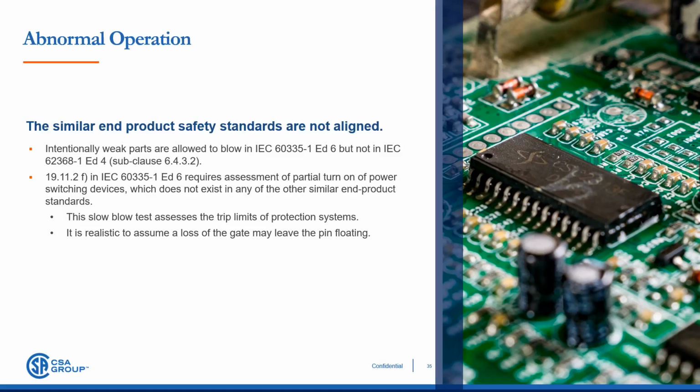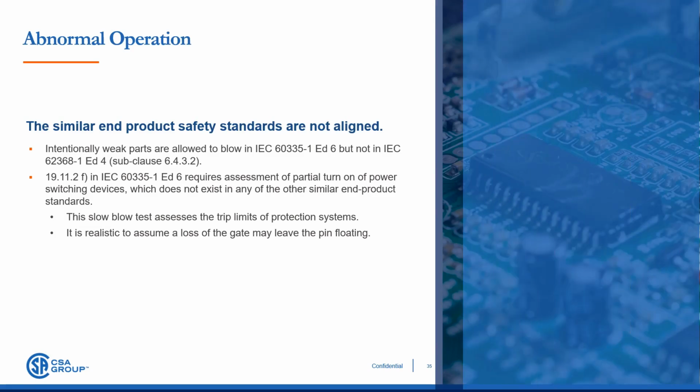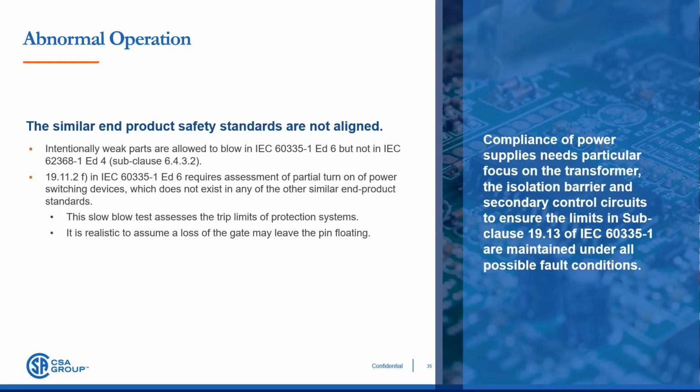In power supplies, this emphasizes the importance of focusing on the compliance of the transformer, the isolation barrier, and surrounding circuit to determine the appropriate limiting of USB and similar outputs, specifically up to the limits specified in subclause 19.13 of IEC 60335-1 under all the possible fault conditions as required in the IEC 60335 series.